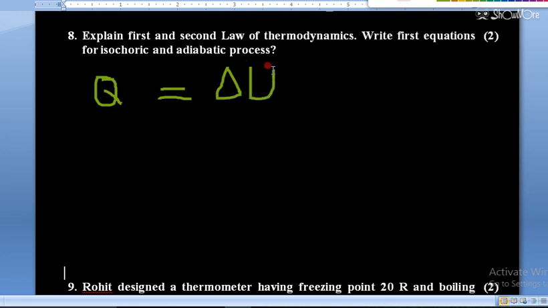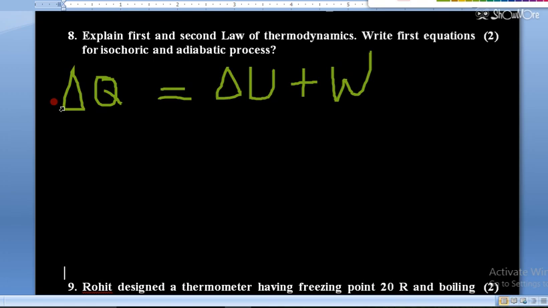That heat may be divided into internal energy plus work done. So this is the first law of thermodynamics. When we supply some heat to the system, that heat is divided into two parts. One is change in internal energy and the second one is work done.